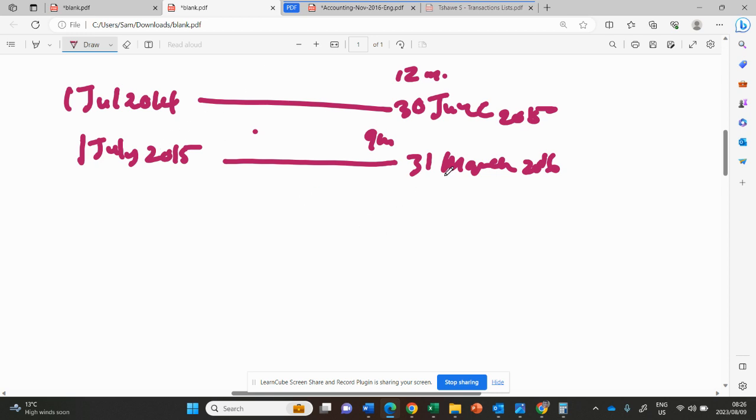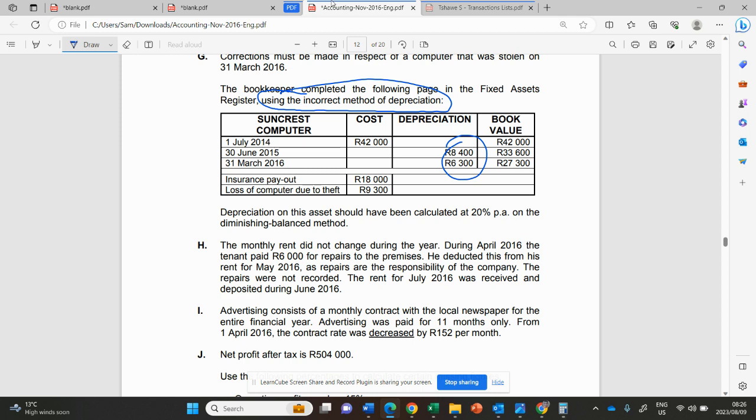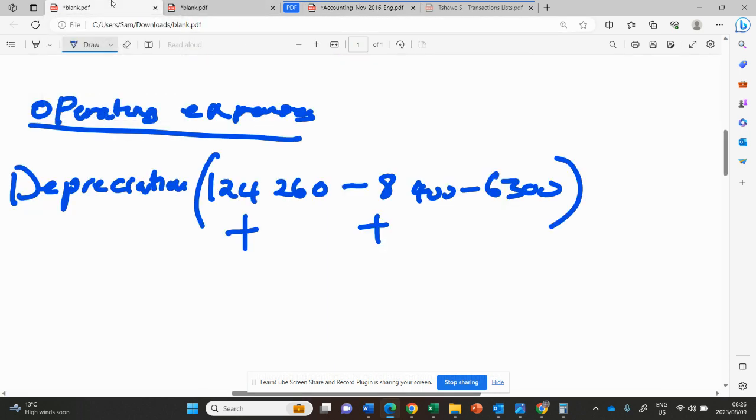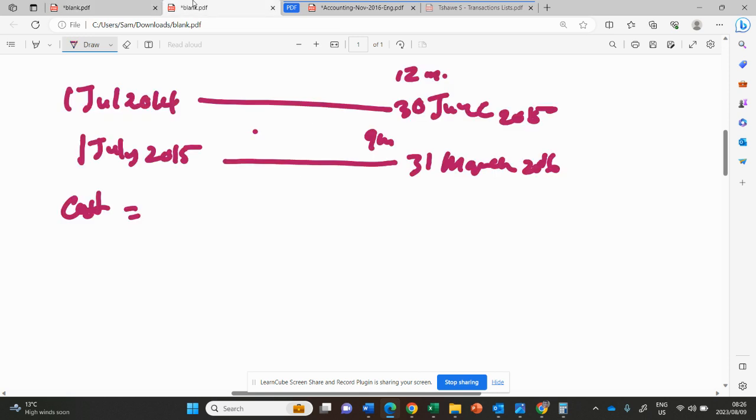Okay. Firstly, we need to get the cost. What is the cost of the asset? The cost of the asset is 42,000. That's the cost. So now we want to subtract the accumulated depreciation.